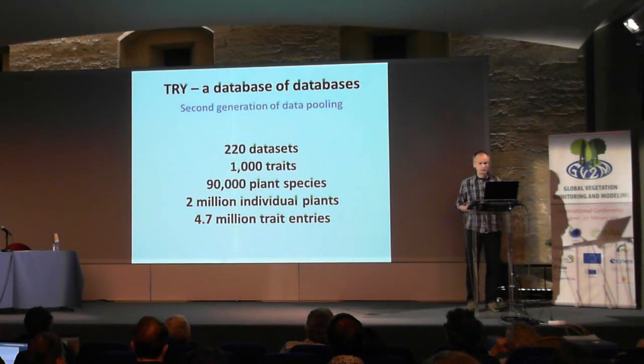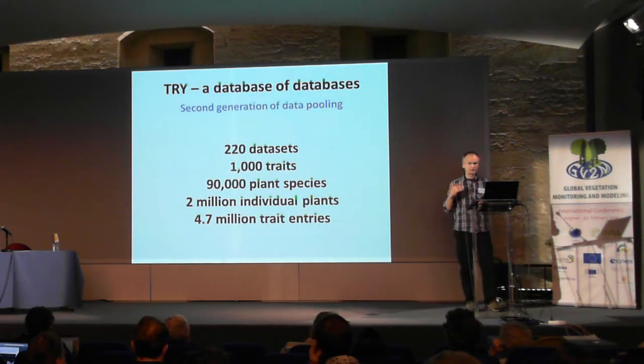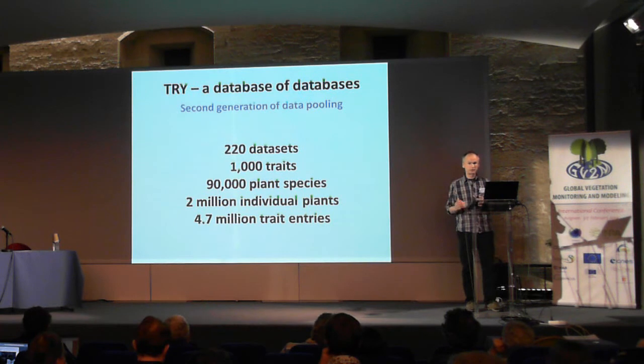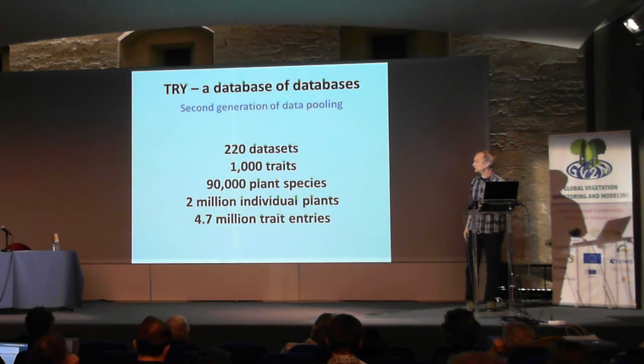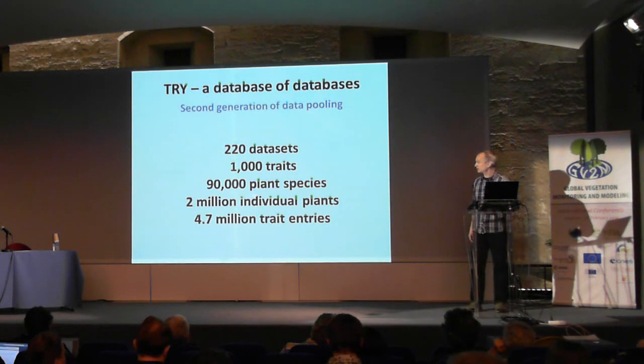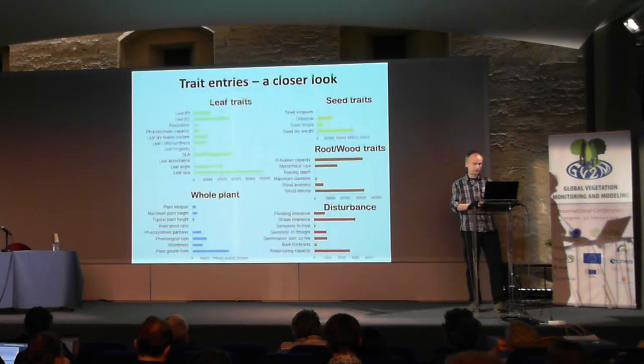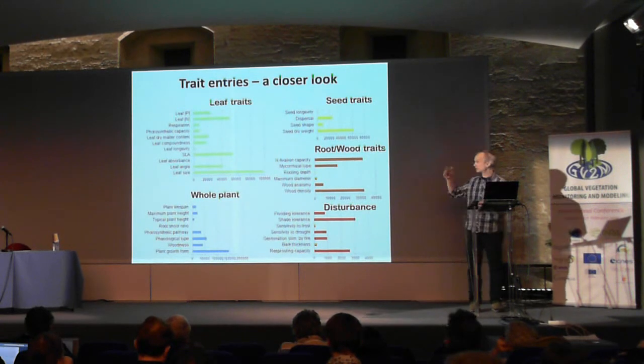At the moment we have 220 data sets, and many of those are already aggregated data sets, so it's a kind of second generation of data pooling. We have data for about 1,000 different traits, for about 90,000 plant species, and 2 million individual plants have been mapped in this context. At the moment there are 4.7 million trait entries in the database.